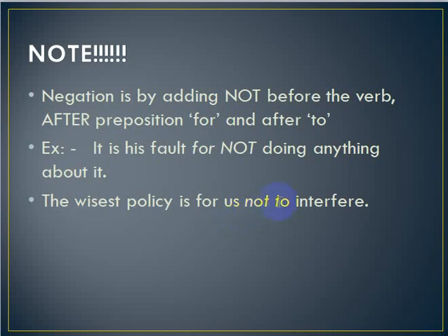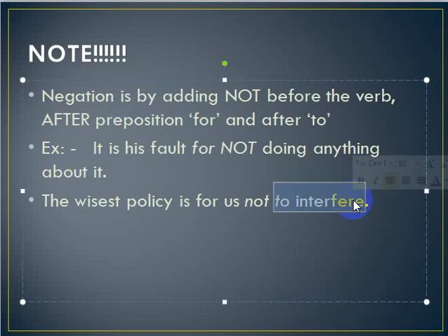Keep in mind, this to is called the to infinitive. And since it is a non-finite clause, we put the not before it, but you have to recognize the to here is not a preposition.